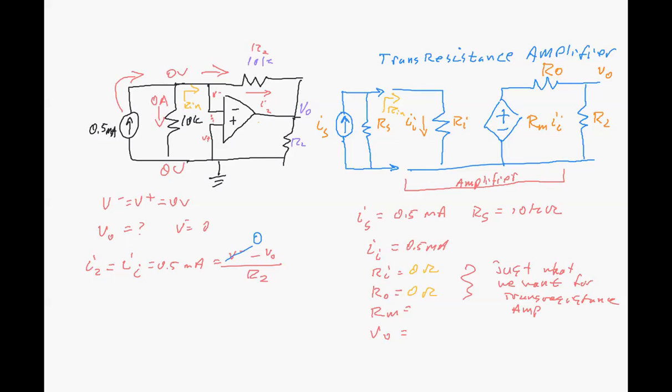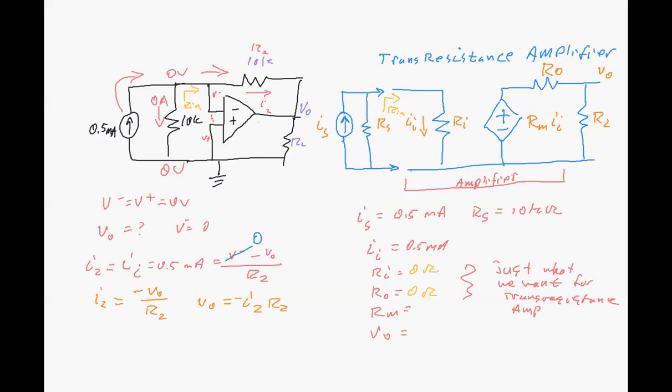So we've just got I2 is equal to minus Vout over R2, or we could say that Vout is equal to minus I2 times that feedback resistor, R2.